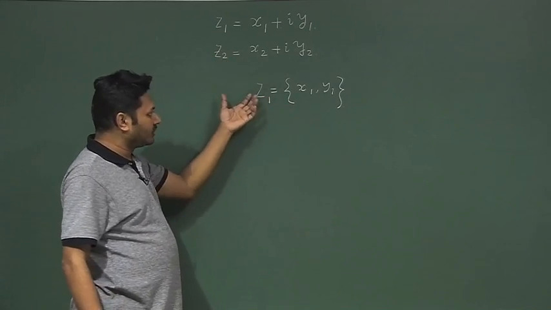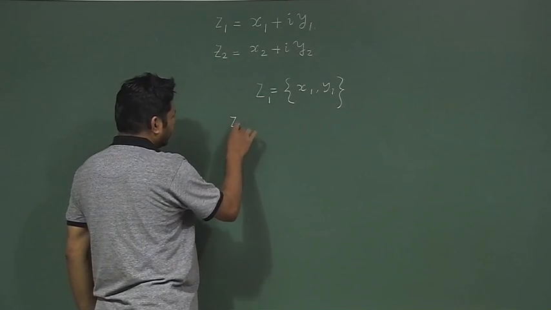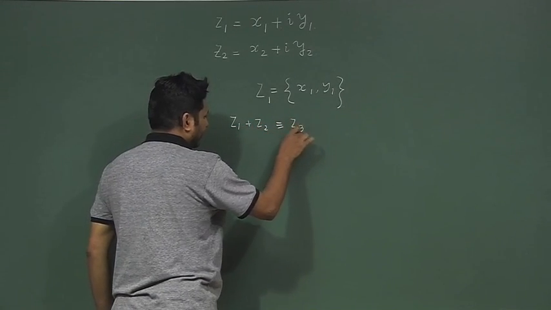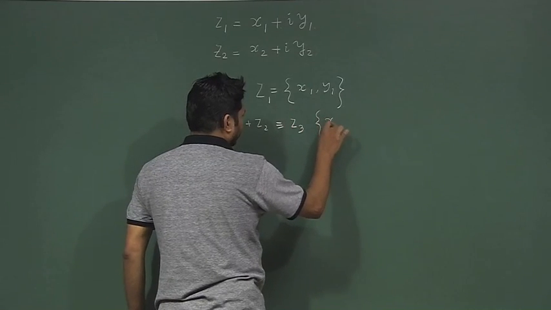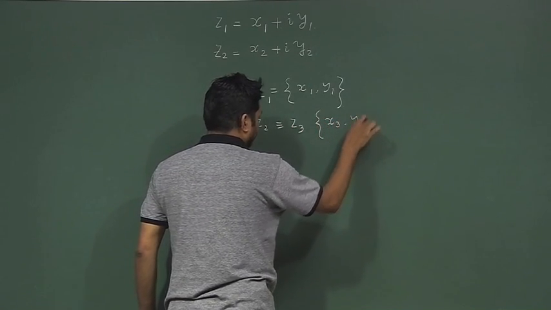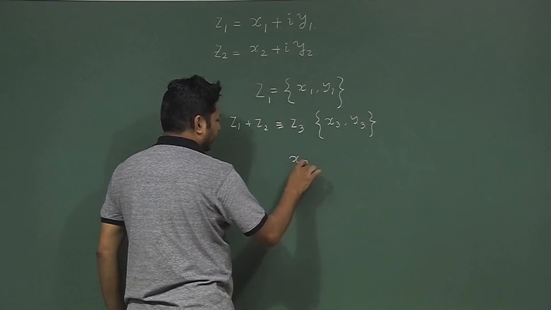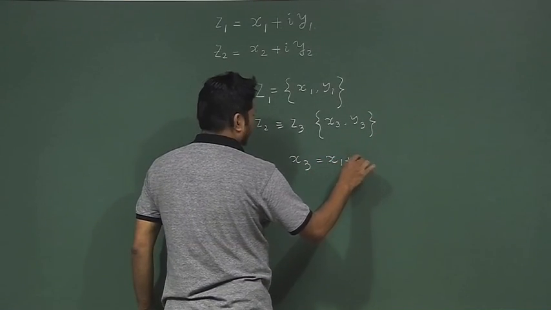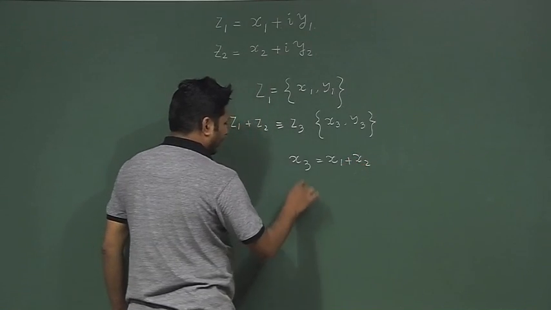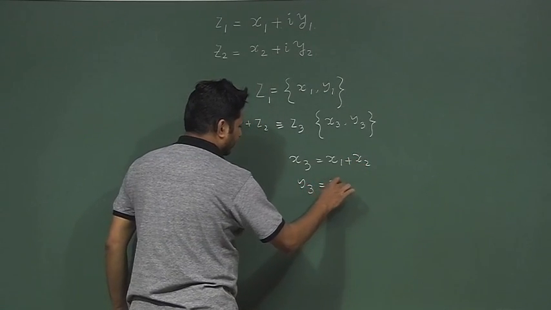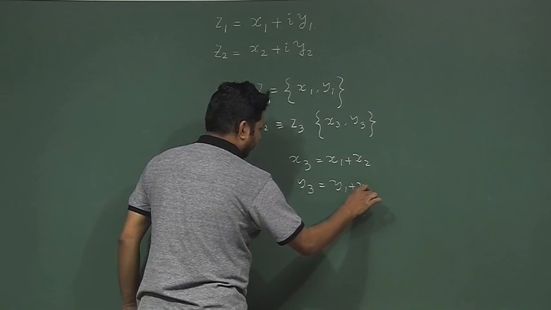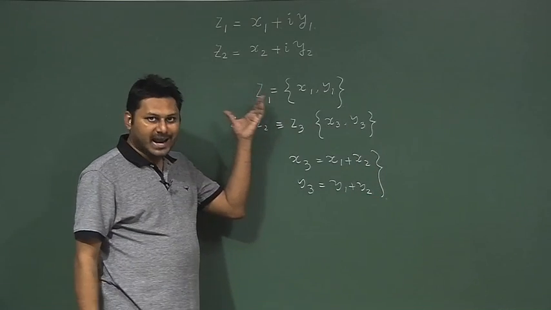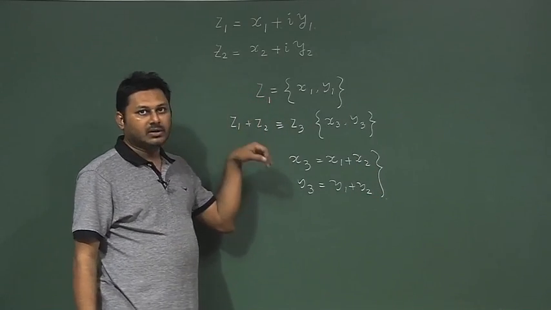If I add the two, z1 plus z2, which is another complex number, say z3, it also has a pair x3 and y3, where x3 is associated with x1 and x2, and y3 is related to y1 and y2. So, if I add two complex numbers, it will be a complex number.